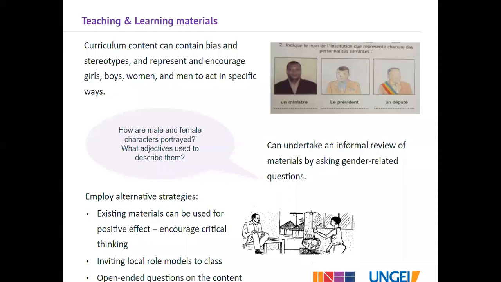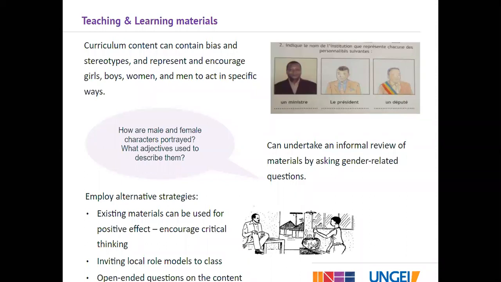And teachers can also be encouraged to use alternative strategies, such as using existing materials to encourage critical thinking, inviting local role models to share their experience with learners in class, and asking learners open-ended questions on the content of material. The guidance note also provides examples of curriculum content that can be used to promote gender equality across various subjects, such as human rights education, peace education, and conflict-sensitive education.